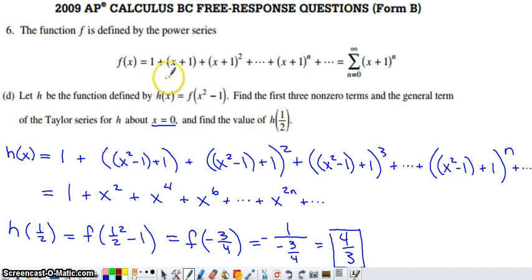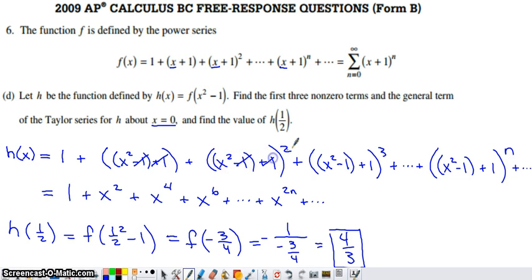The nice thing here, since we have this series representation for f, check out what happens if we put x squared minus 1 in place of all of these x's in the series for f. What we end up having happen is that you have a minus 1 that goes in with the way h is defined, and then the series representation for f has all these plus 1s.